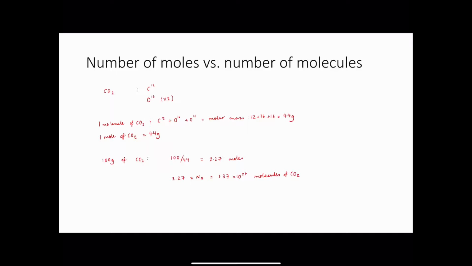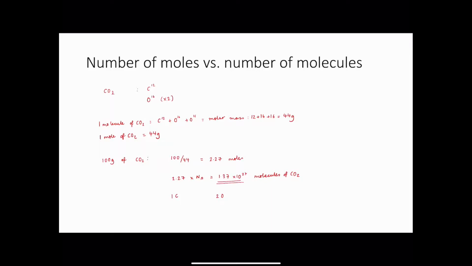So again, we have to go back to how we've originally broken down our carbon dioxide. In 1 molecule of CO2, we have 1 carbon and we've got 2 oxygens. So that's the ratio that we have to work with this number here.